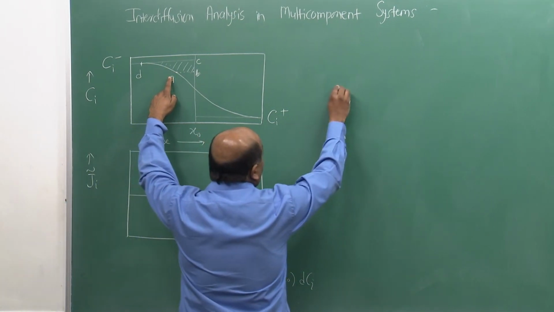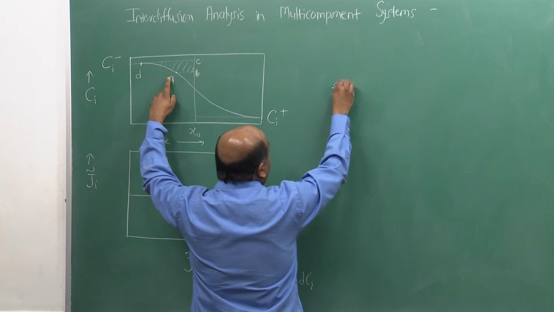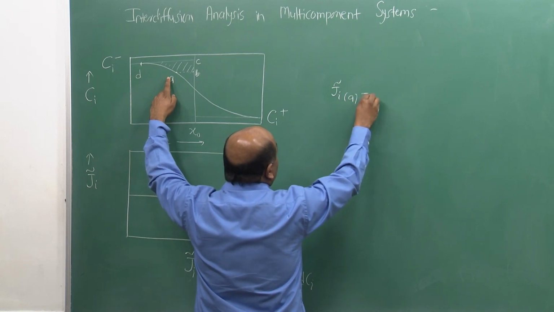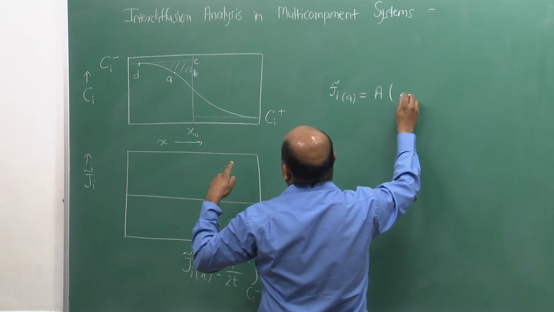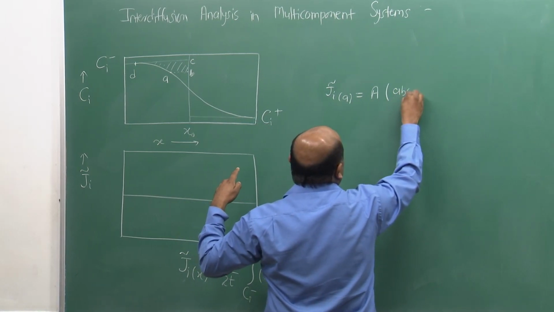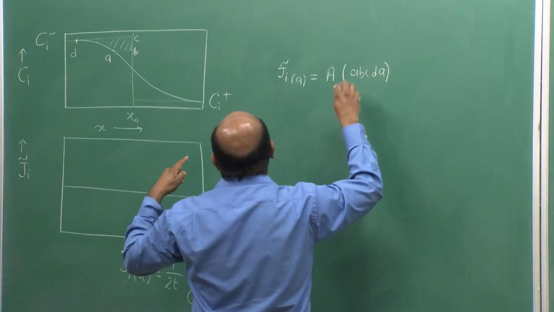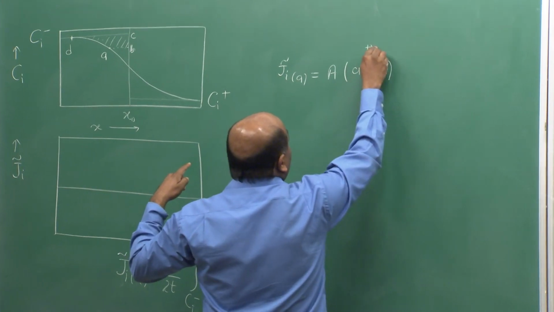So, we know Ji tilde at A would be area A, B, C, D, A, and this would be positive.